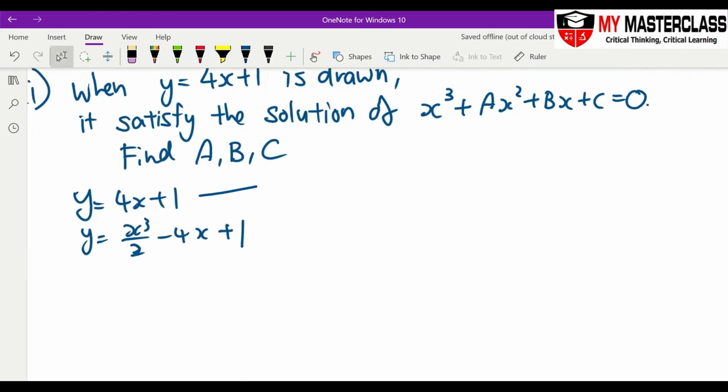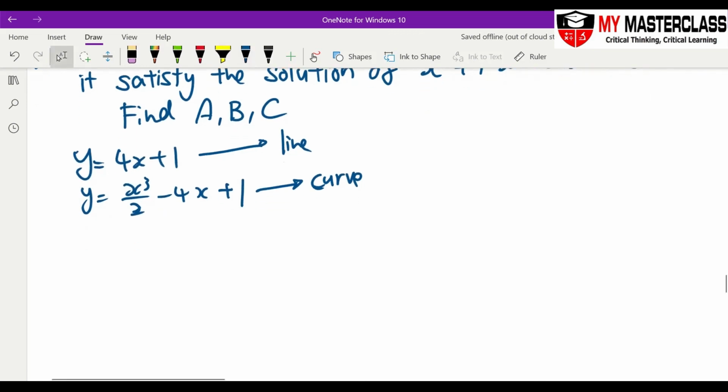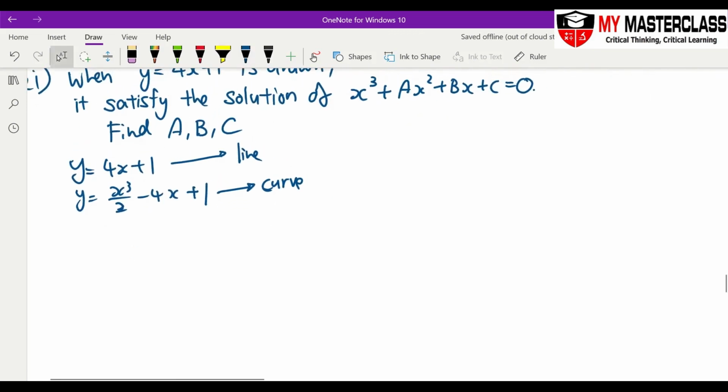This is the line. This is the curve. When I want to find a solution for these two equations, we always equate them together like this. x cubed over 2 minus 4x plus 1 equals 4x plus 1.